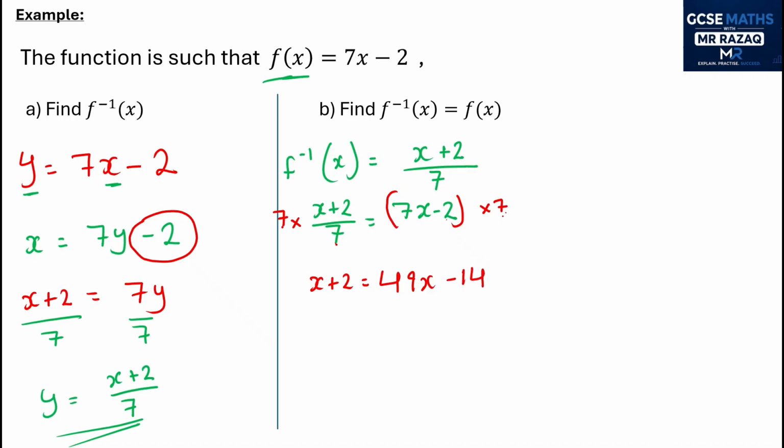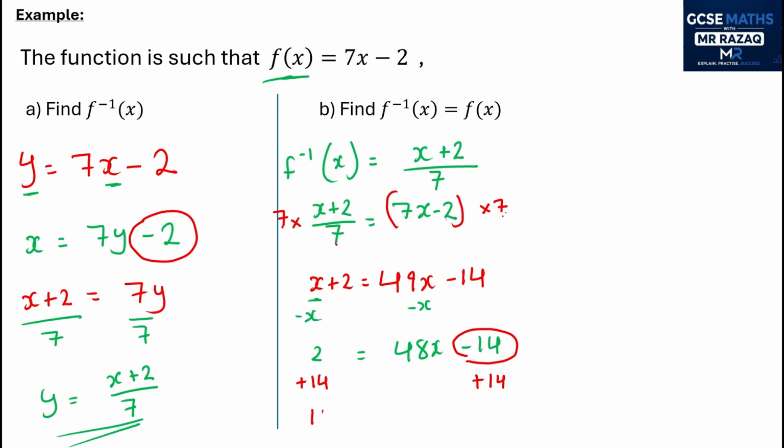And now we can easily work this out. We can take this x to the other side by subtracting x on both sides. And we're left with 2 is equal to 48x minus 14. And then we can take this minus 14 to the other side by adding 14 on both sides.